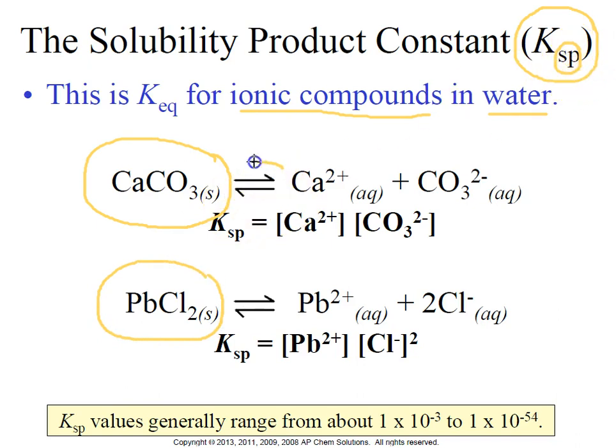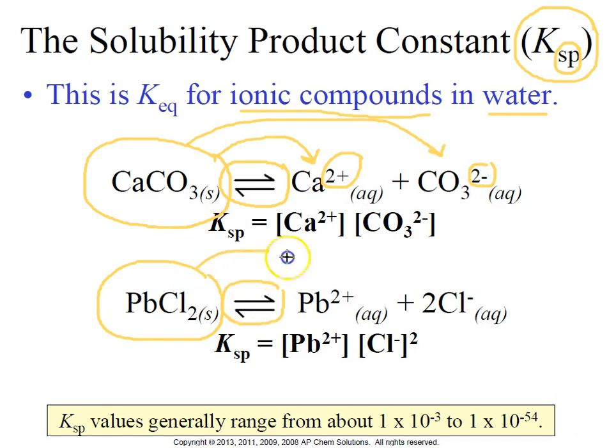You'll then have the double arrow, which shows that it is an equilibrium situation, and you will break apart this ionic compound into its cation, making sure you include the charge on it, and its anion, and again include the charge on that. If we look at the second example, we have a cation and an anion, and we have to be sure that we balance.